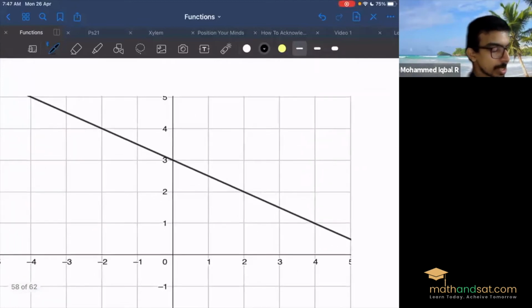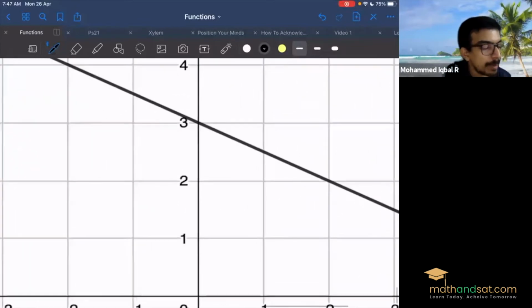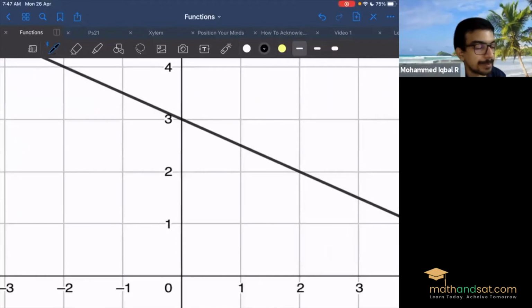Okay, in this case, tell me what will be the slope. Can you tell me what will be the slope? In this question, can you tell me what will be the slope?